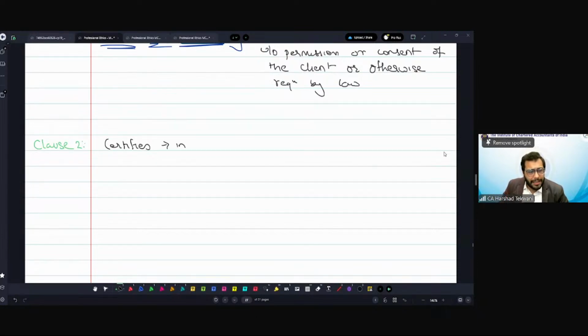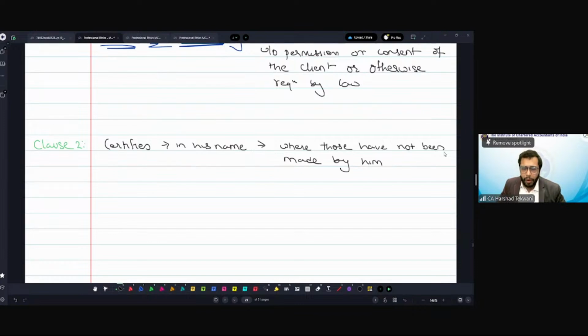Certifies in his name where those have not been made by him or a specified person, in that case he will be held guilty of professional misconduct.